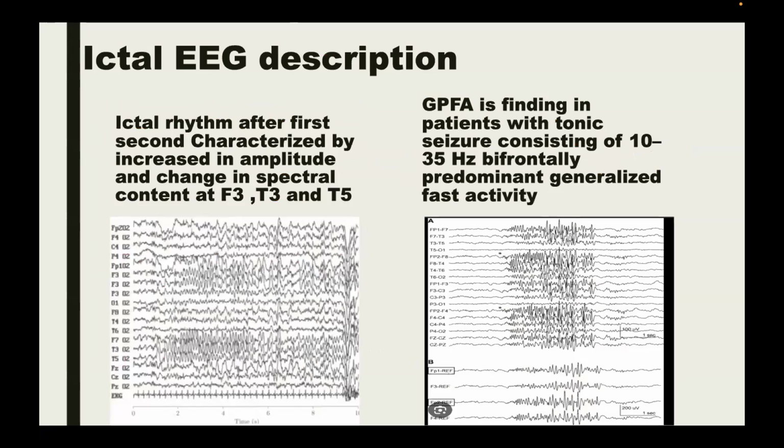And this is an ictal EEG described: an ictal rhythm in the first second followed by decreasing amplitude, changing in the spatial context in F3 and C3. This is also an example of generalized fast activity, 10 to 35 hertz, frontal fast activity. And as we mentioned before, we calculate the frequency of the fast activity.